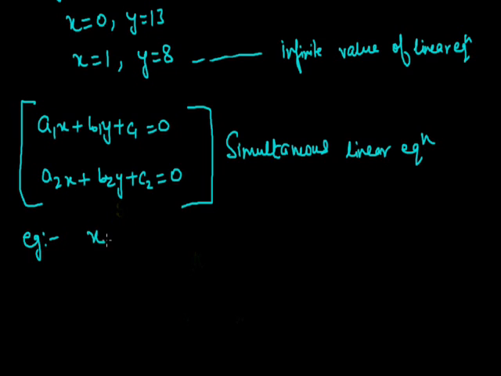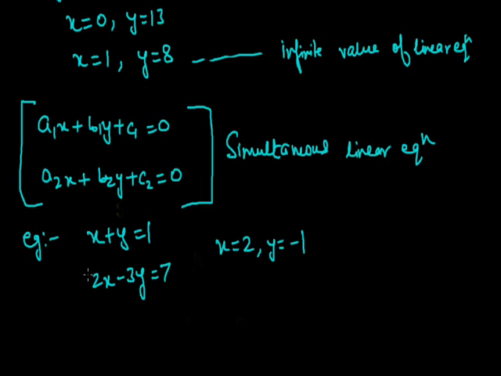Suppose the linear equations are given as x plus y is equal to 1 and 2x minus 3y is equal to 7. If we solve them, we will get values of x and y that satisfy both. Suppose I take x as 2 and y as minus 1.